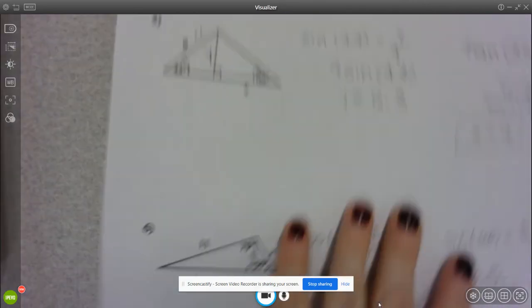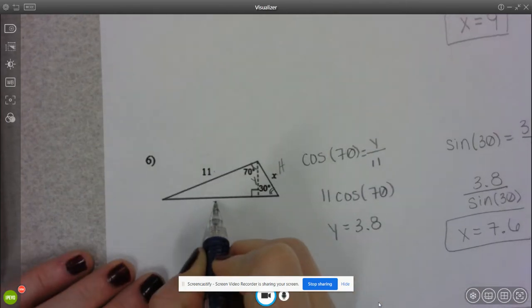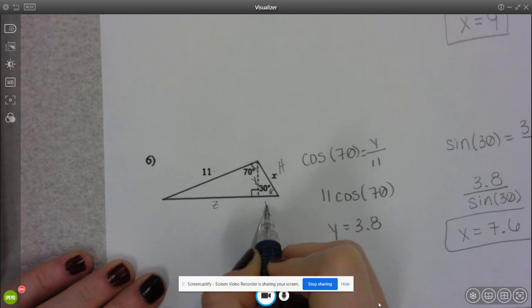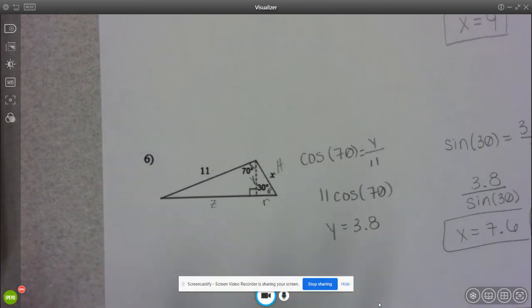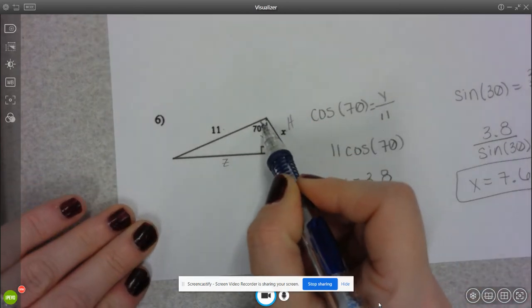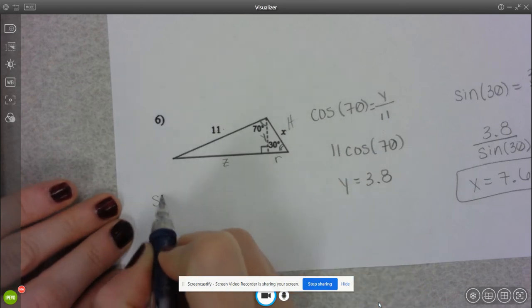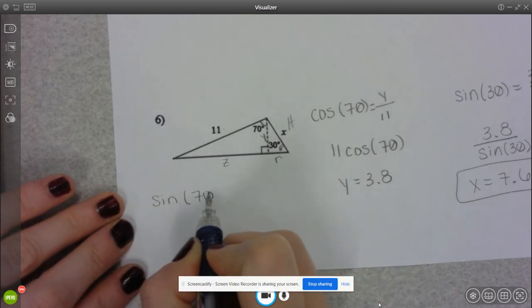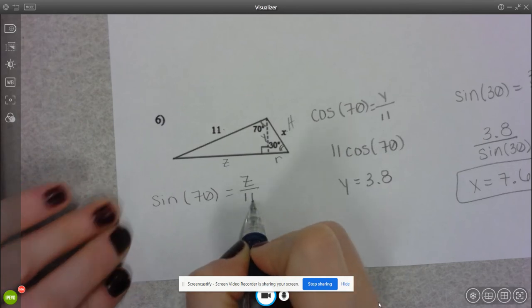If I was trying to find all the missing sides, I would also have to find this side down here and this side down here. So for that, just as an example, I could use opposite and hypotenuse, so I could use the sine of 70 being z over 11.